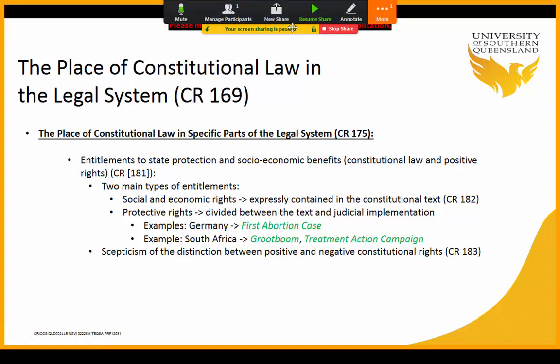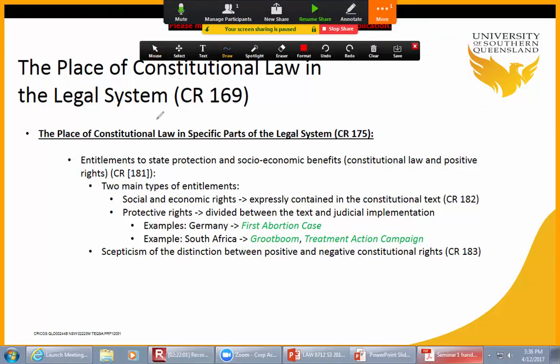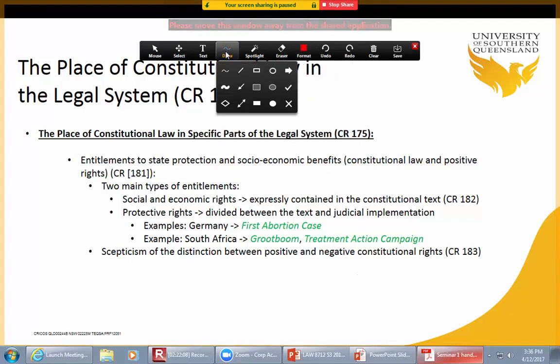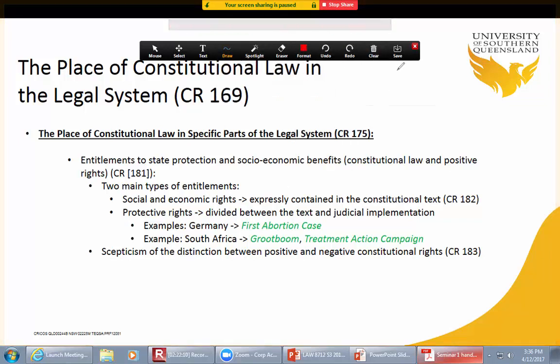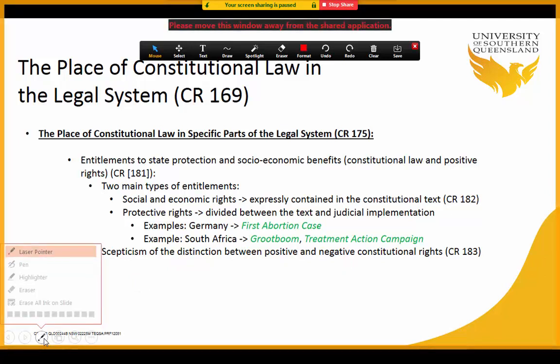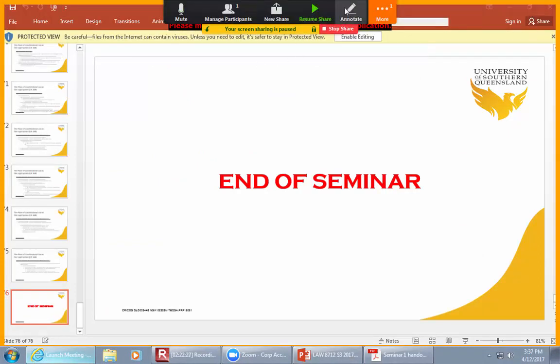So let me use what I have in terms of annotating using Zoom. So I will just go back to my last slide. Okay, it doesn't want to give me other options. Let me just get out of that, and maybe I can just use the annotations from Zoom.